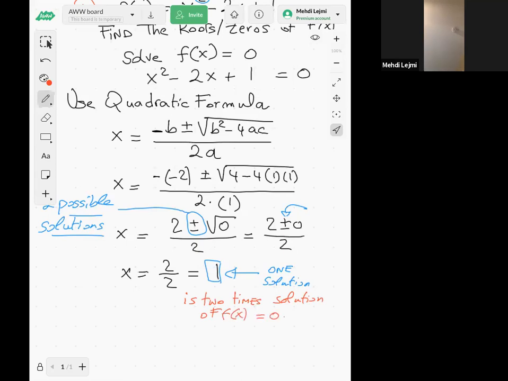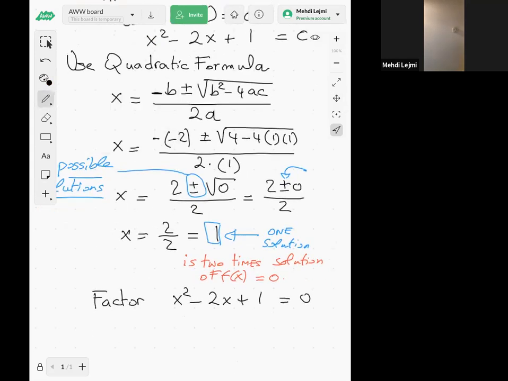That's because if you factor x squared minus 2x plus 1, you get x minus 1 times x minus 1 equal to 0. That's why 1 is 2 times a solution of f of x equal to 0.